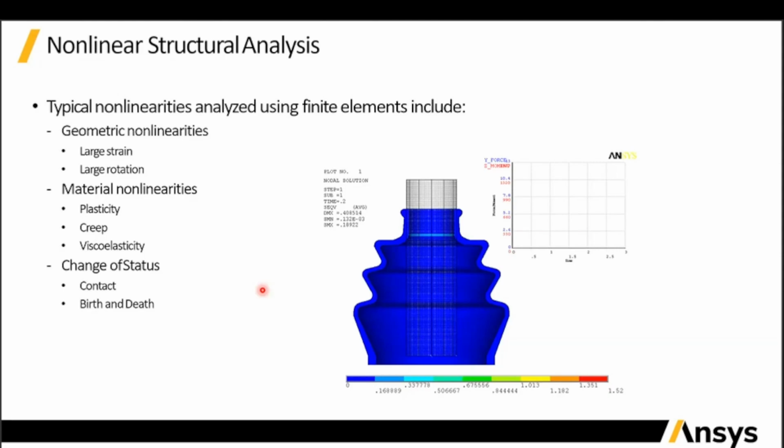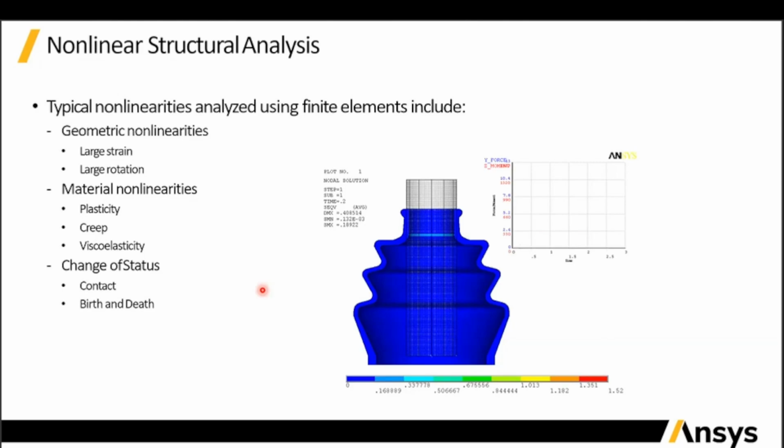Then there is a no separation contact, whose behavior is that the two palms or two surfaces are allowed to slide over each other, but they are not allowed to separate from each other. Then there is a frictional contact, where these two palms or two surfaces are allowed to slide over each other with some coefficient of friction, and they are also allowed to separate from each other.